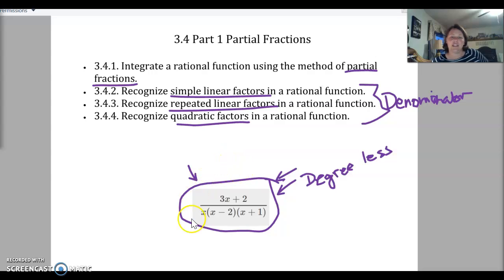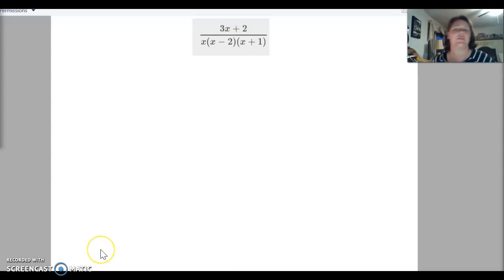Okay, so we're going to take this example that we have right here and work through it with partial fractions so that we can get it down to a function that we can integrate. We'll show what we mean by the partial fraction decomposition.